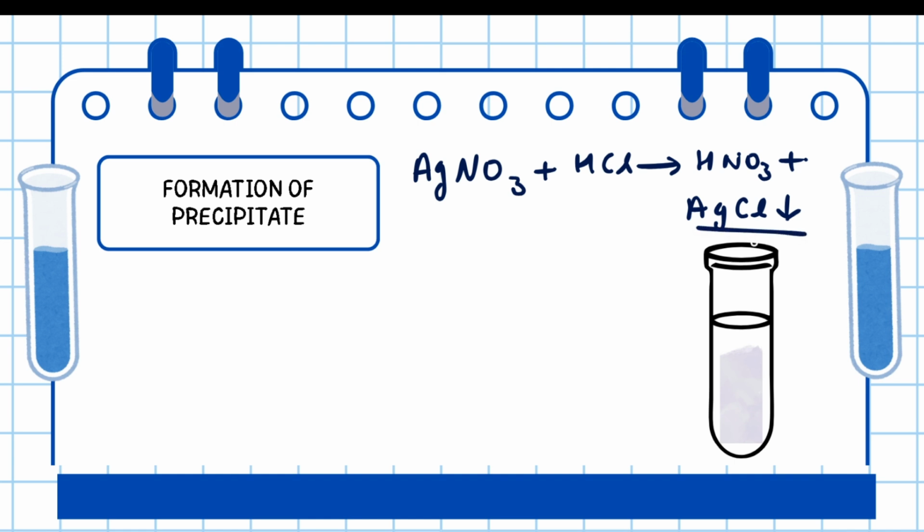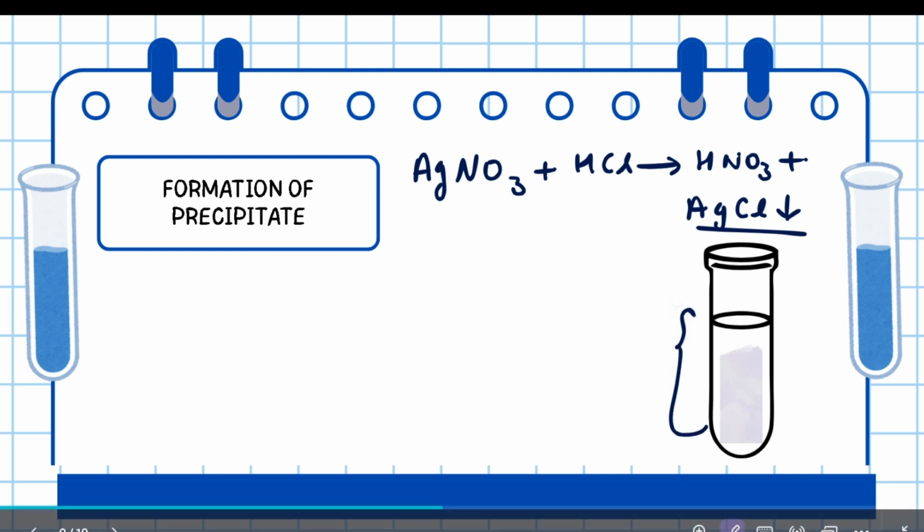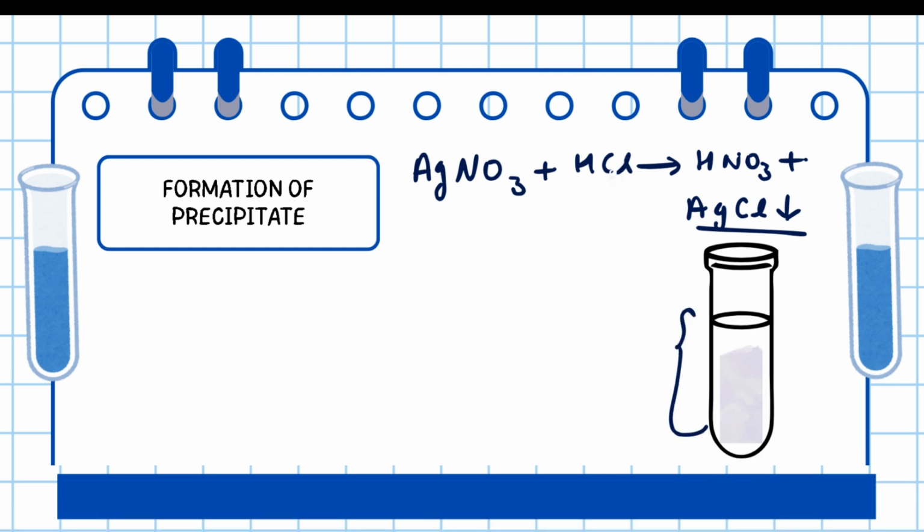Now whenever we write the precipitate, we always indicate it by an arrow pointing downwards. So what has happened? Two solutions have been mixed together, that is silver nitrate and HCl, and it has resulted in the formation of an insoluble component in that reaction, and that insoluble component is a precipitate.